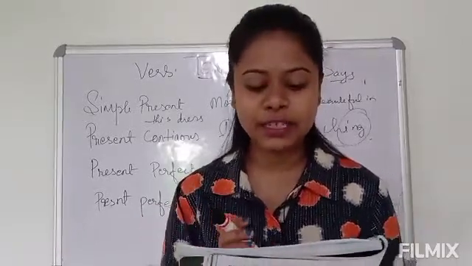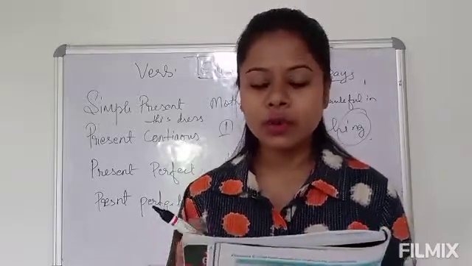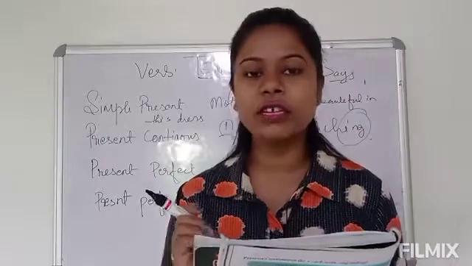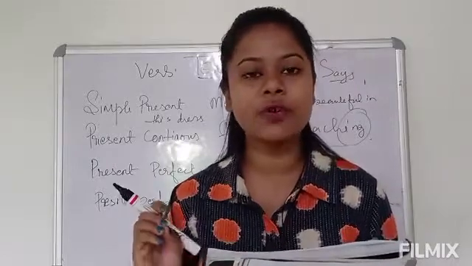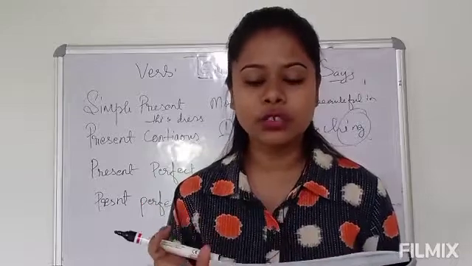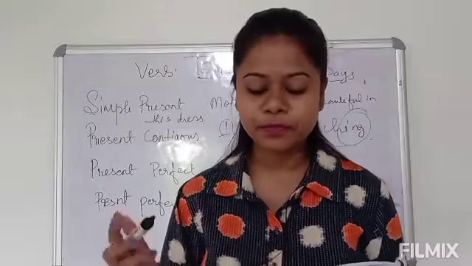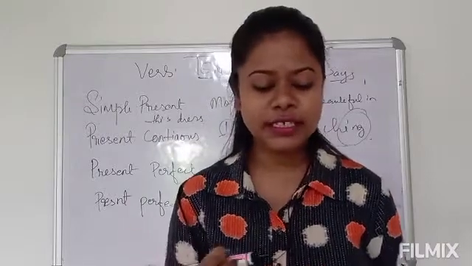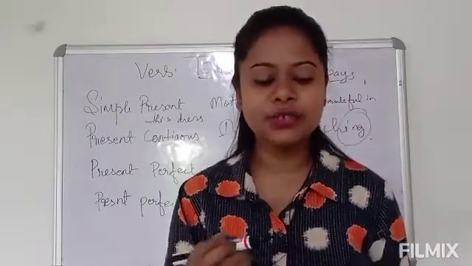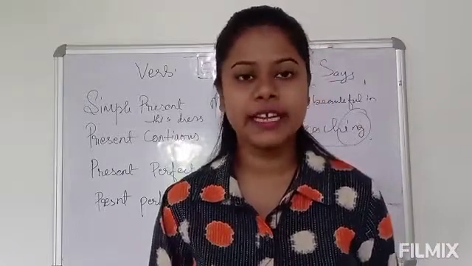Whenever you see yet, you will see that it is used in an interrogative sentence or a negative sentence. Like for example, have you had dinner yet? Okay, I have not yet received any answer from him. So you can see that yet is used in a present perfect along with interrogative and negative sentences.